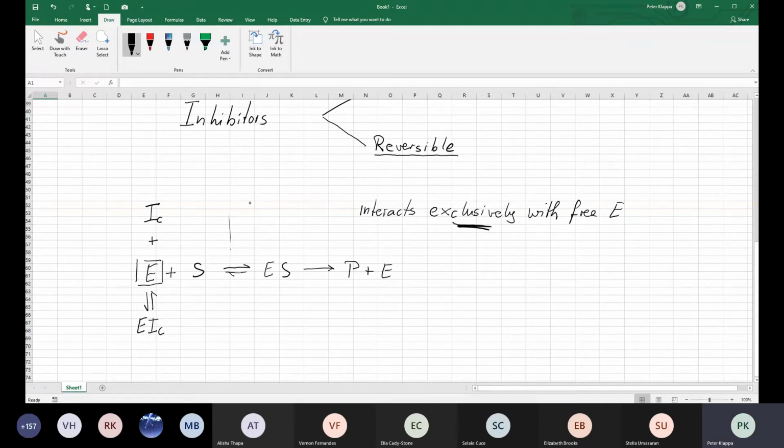If you look at this scheme, what you see is that the inhibitor IC, this is only for the reversible one, IC and substrate are basically mutually exclusive. What does that mean?